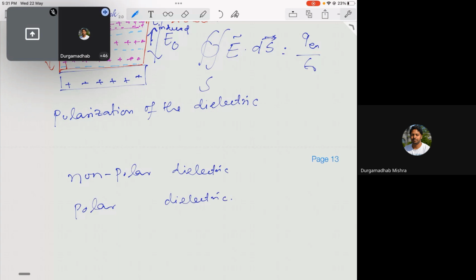And what is the difference? In the non-polar case, you have an induced dipole moment, and in the polar molecule you have a permanent dipole moment.